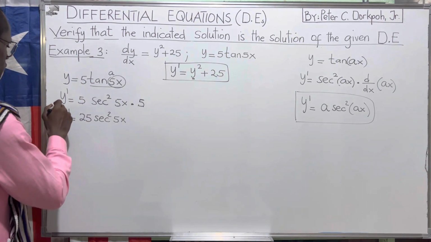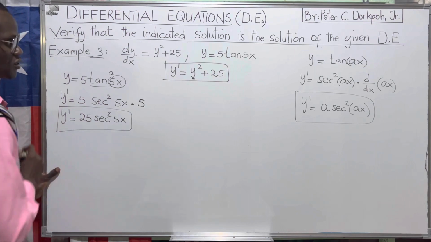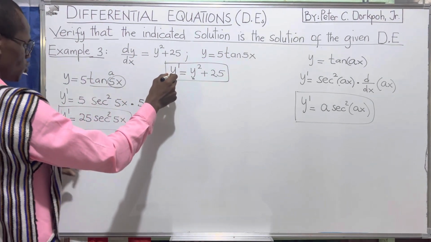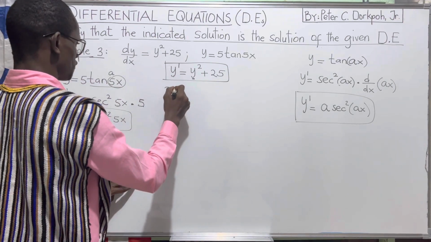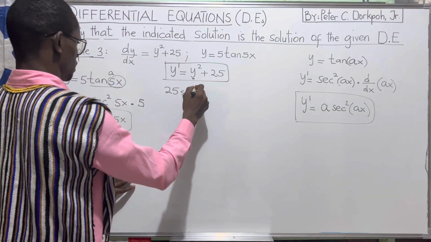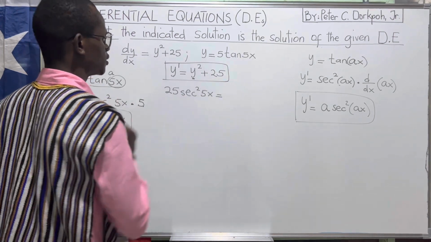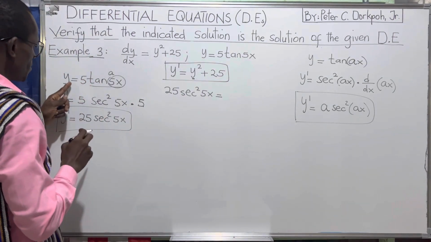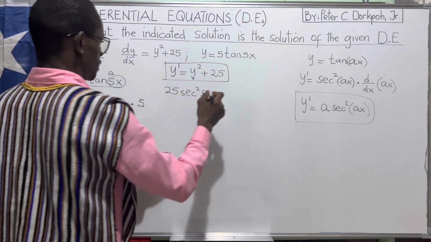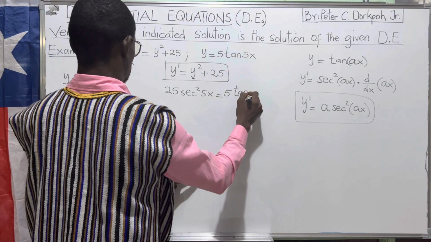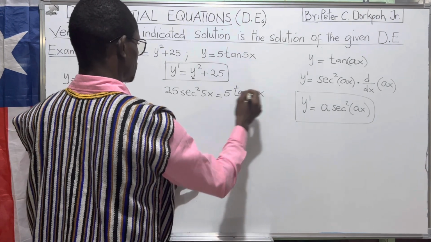So what do we have? We have our y prime now to be this expression. So we go into the problem. Anywhere we see y prime, we put 25 secant square of 5x equals, anywhere we see y, y is equal to 5 tangent of 5x.